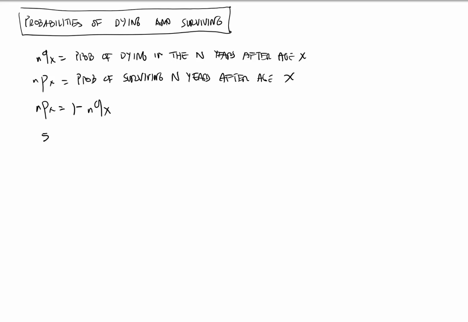So, for example, 5Q20 is the probability of dying in the 5 years after age 20.